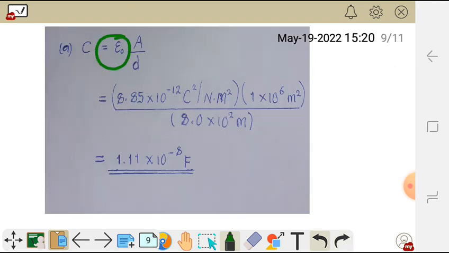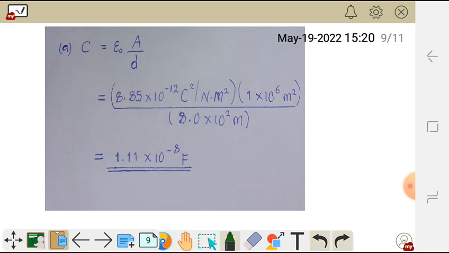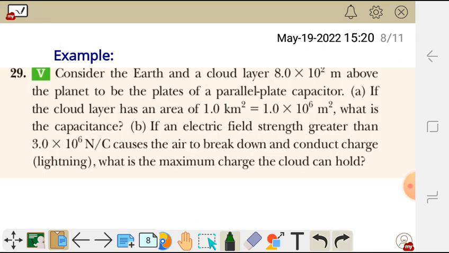So this E is 8.85 by 10 to the power negative 12, which is a constant we are going to be given, and then D is the distance that separates the two plates, which is the earth and the cloud in this case, and A is the area, which is 1.0 by 10 to the power 6, the area we have already been given, which is the area of the cloud.